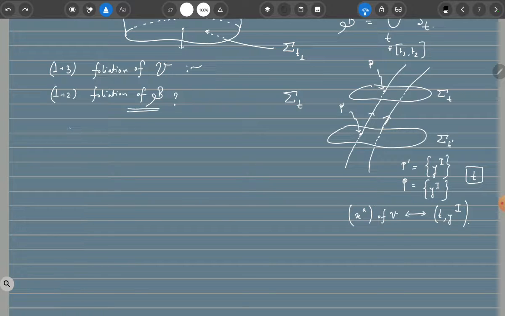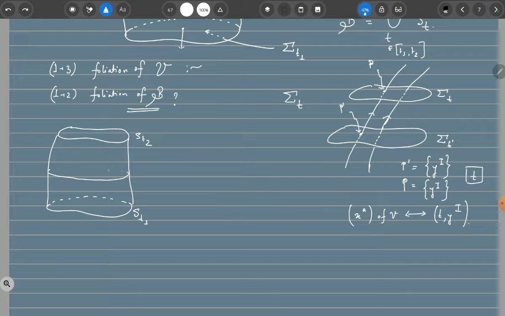This curved surface B is actually these stacks of two-dimensional surfaces S T. So this is for example S T1 and this is S T2, and this is a generic two-dimensional hypersurface S T, which is actually the boundary of sigma T. And the way we foliate this curved surface B is via these stacks of two-dimensional surfaces S T.